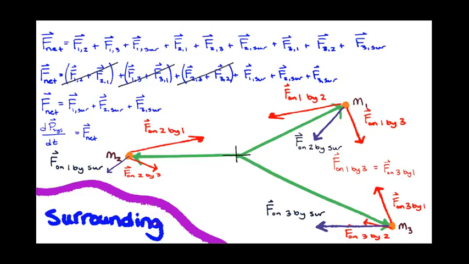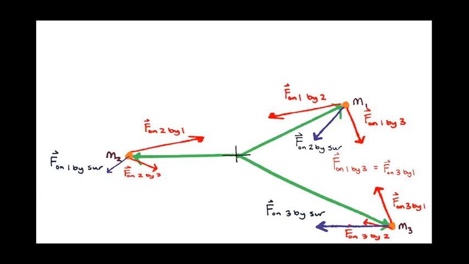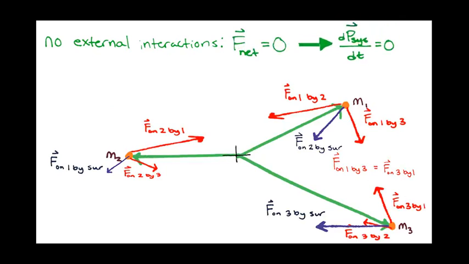There are profound consequences that follow from the multiparticle form of this fundamental principle. First, if there are no external interactions, no net external forces, then F net external is 0. This means that dp system/dt, the time rate of change of the system momentum, must be 0. In other words, the system momentum is not changing in time. It's constant in time.